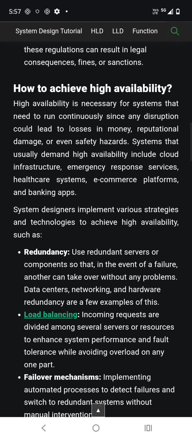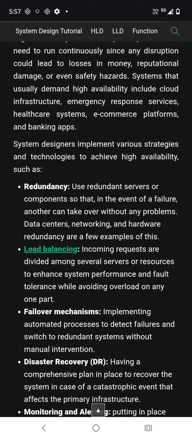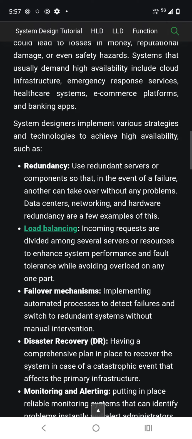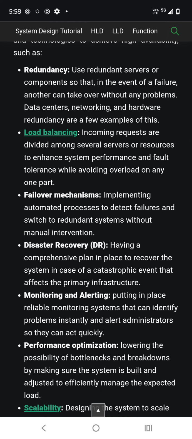Okay, generally, how do we achieve availability? We should have redundant servers, and having cloned servers is a key thing. We also have a load balancer. A failover mechanism is also important. Let's say if one system fails, a redundant system can operate. Disaster recovery, that is, taking a backup, is also important.